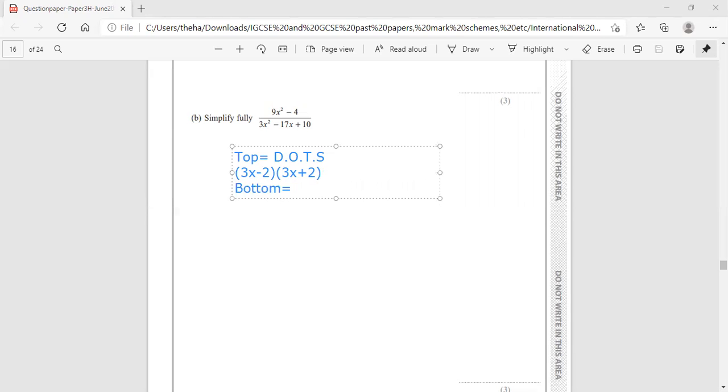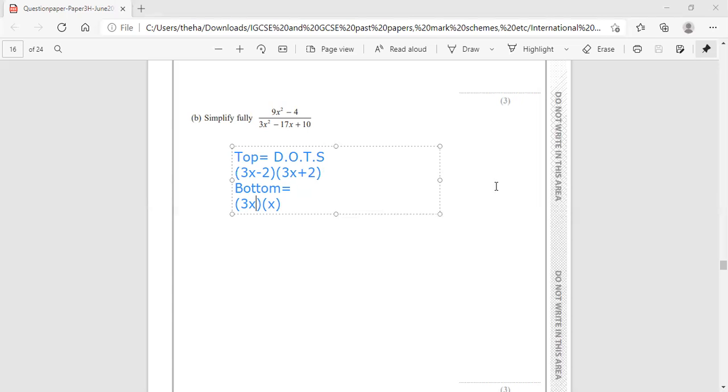we're going to have to do some more complex factorizing here. So we're going to have 3x on one side, and then we're going to have x here. So that will expand to 3x squared, which is what we want. And we need to get 17x, and we need to get positive 10. So we need to think of ways that can multiply to 17 and add to 10.